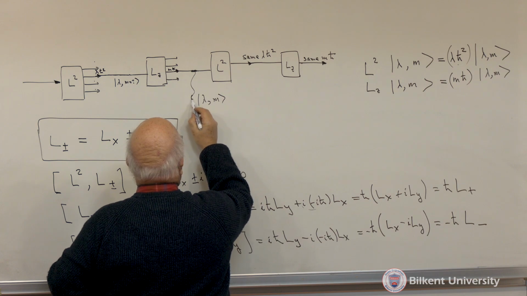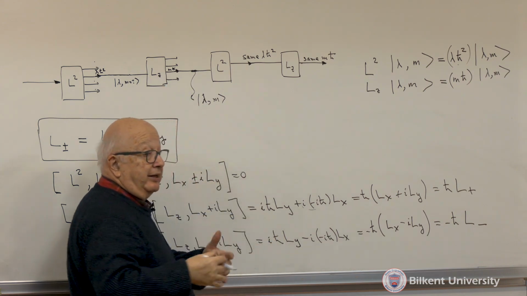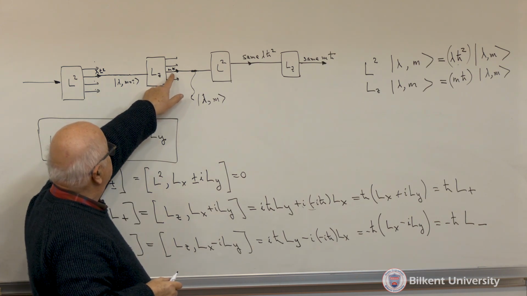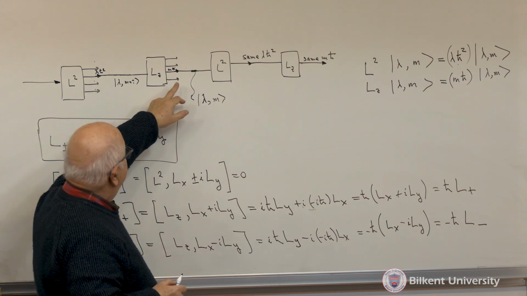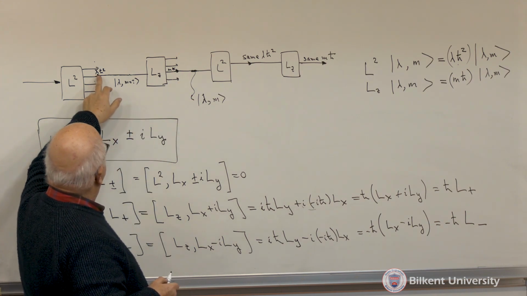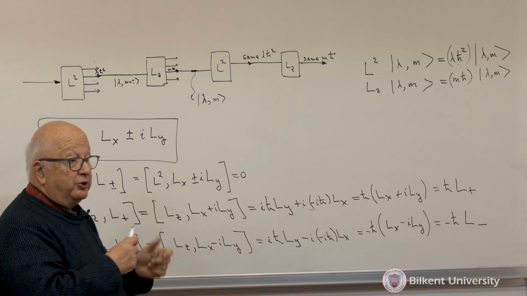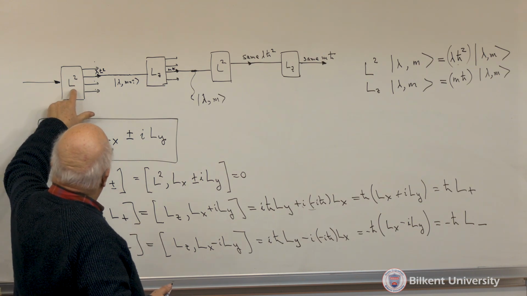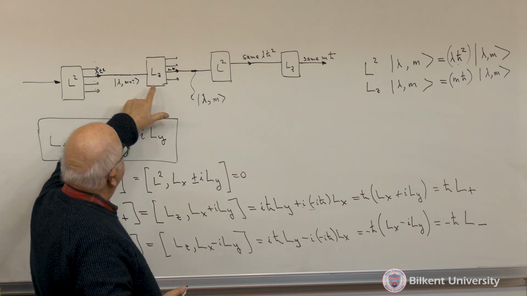But the eigenstate is now determined because I now know both lambda and m, because this measurement told me what m is. It doesn't change the previous measurement. It doesn't change lambda because L squared and Lz commute, so this initial measurement of the value of lambda is going to be that.